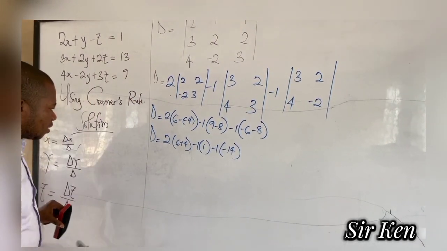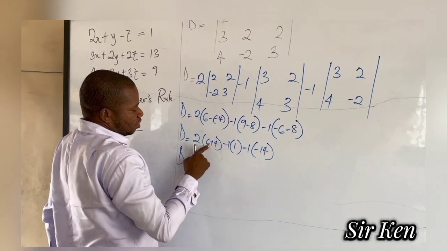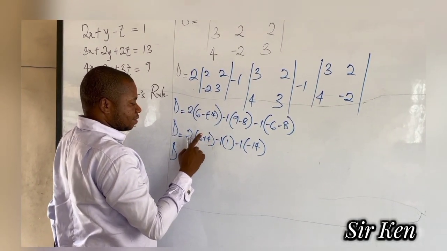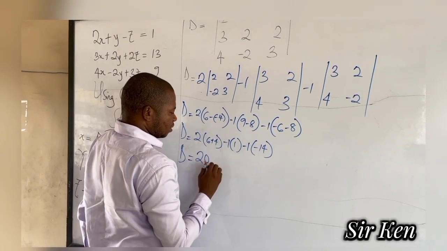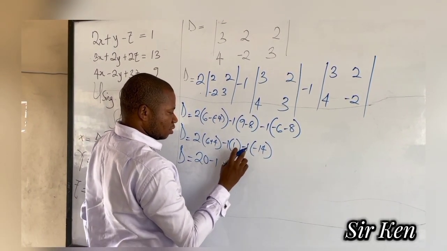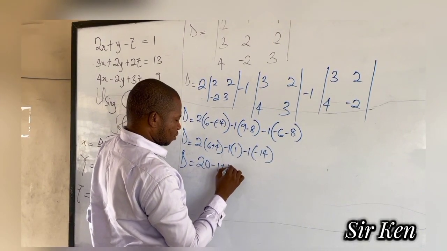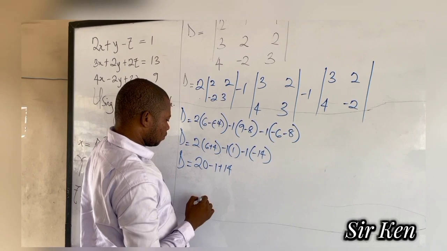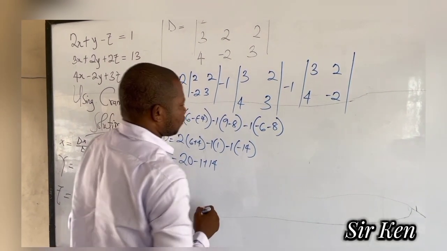So my determinant becomes 6 plus 4, that is 10, 10 times this, 20. This times this, minus 1. This times this, plus 14. So at the end of the day, I'm going to have plus 14.